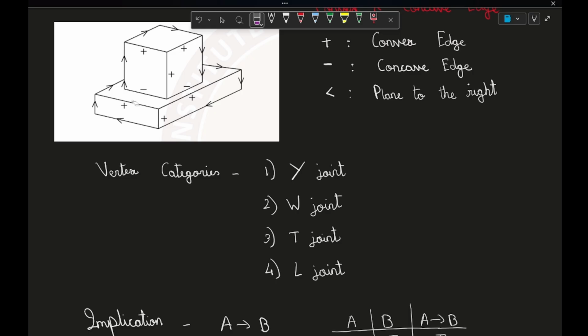My interpretation of a convex edge is that I can draw a 90-degree angle here, and the material is inside this 90-degree angle. And my interpretation of a concave edge is that I can draw a 90-degree angle here, in such a way that the material is in the 270-degree angle. That also makes sense.